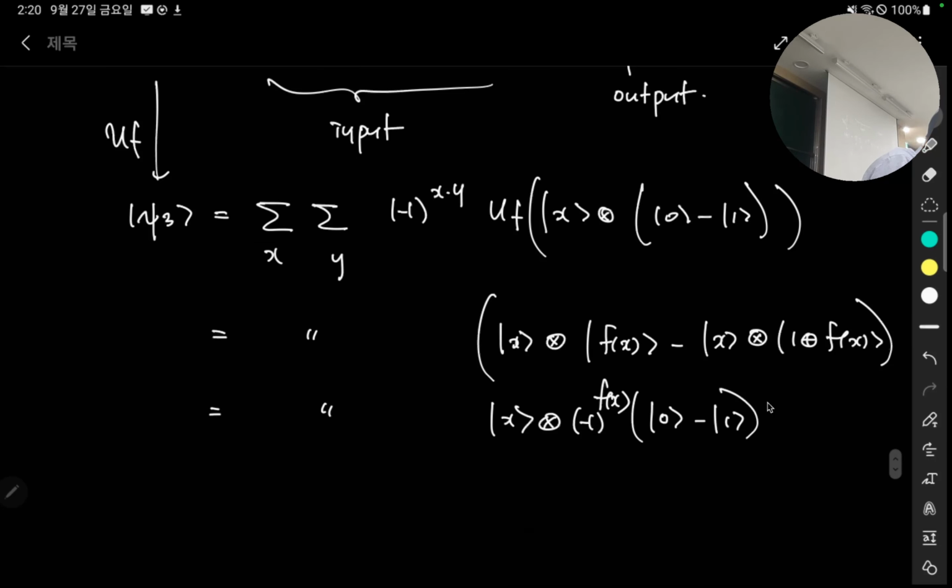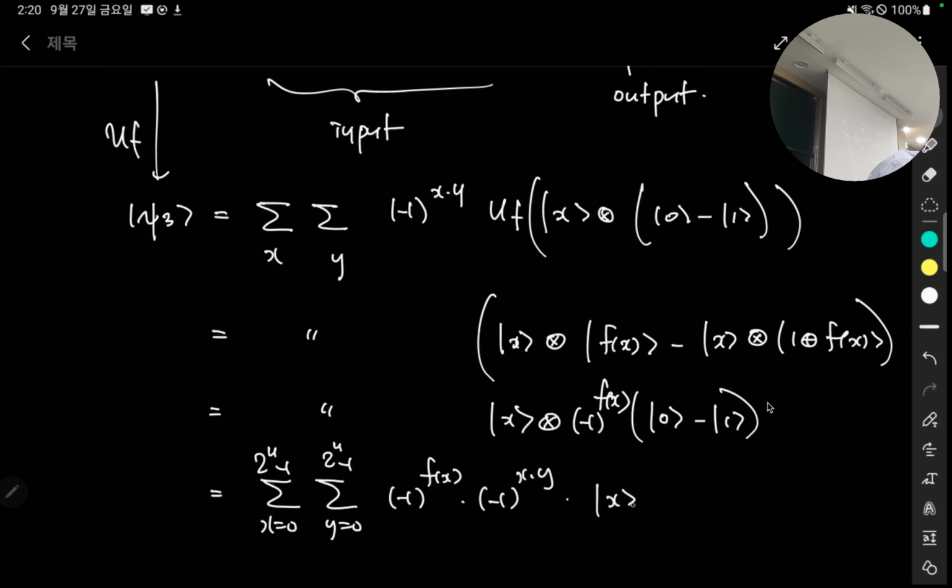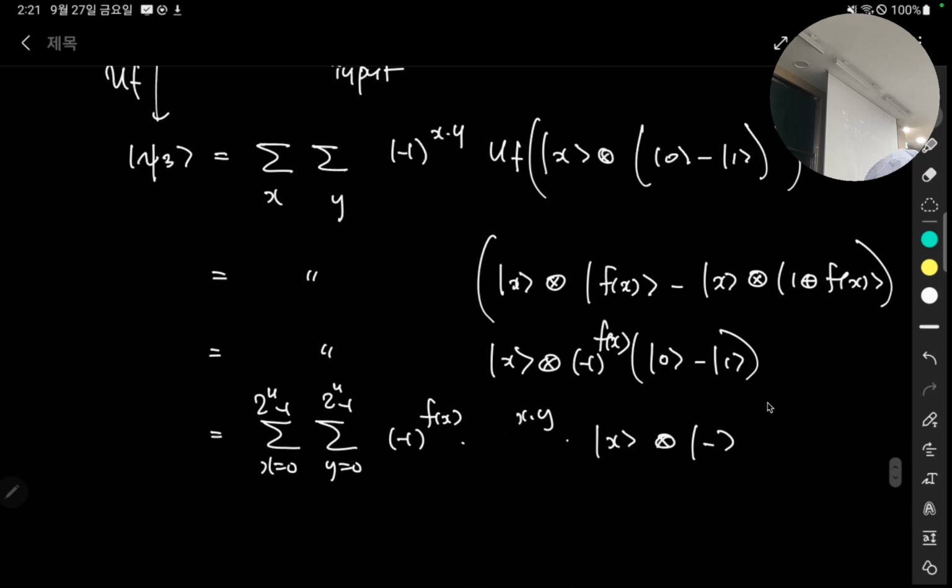Okay, so now let's put it back. So we have x to n, y to n, and minus 1 to the f of x, minus 1 to the xy, x tensor minus. So all I need is just to put these two together. This plus is the Boolean algebra plus, but that really doesn't matter in this case because it's always in the exponent of minus 1.